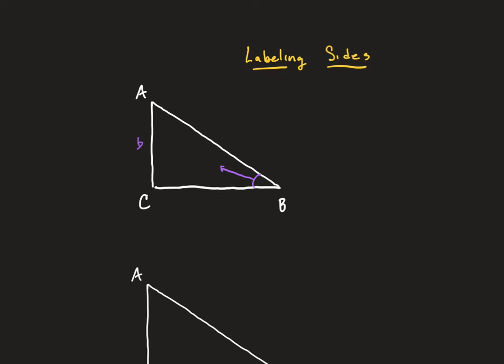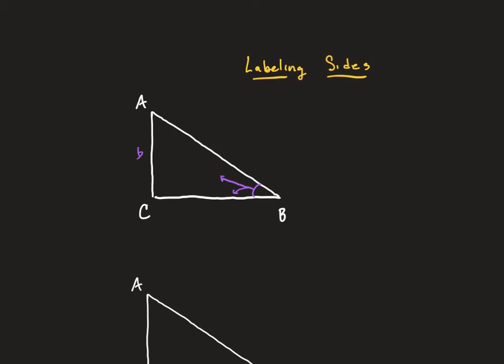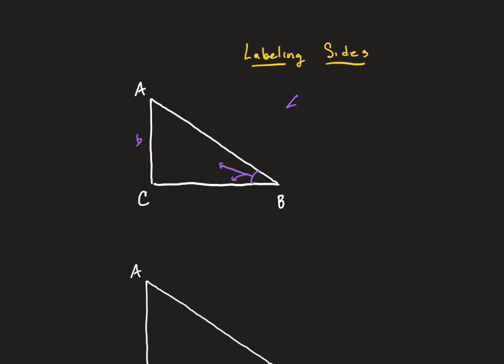Little b is going to be the opposite of angle B. Adjacent to it would be the leg that is next to angle B, so the adjacent will be BC.